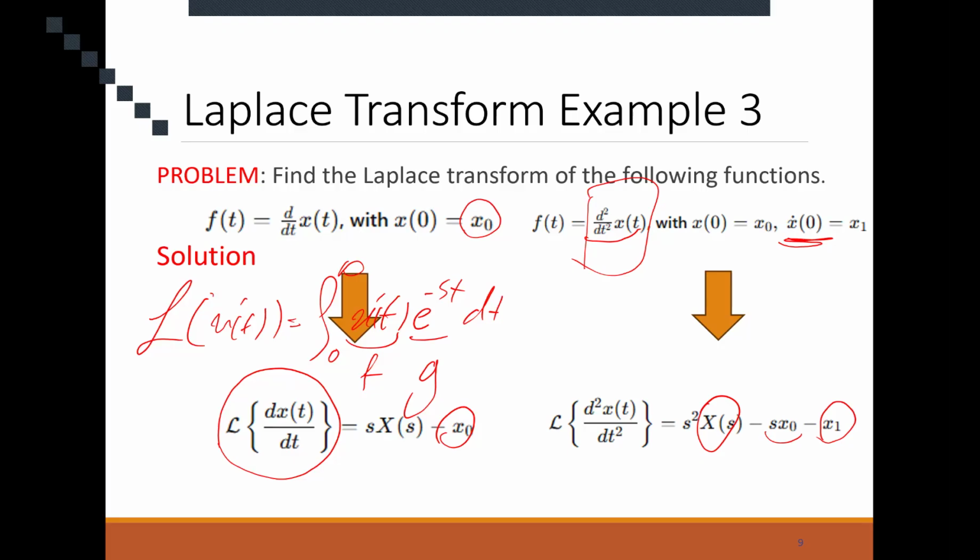Is that clear? So we use that. You can run the integral. Is this the same as this one? Okay, and you can find how each of these components came about.